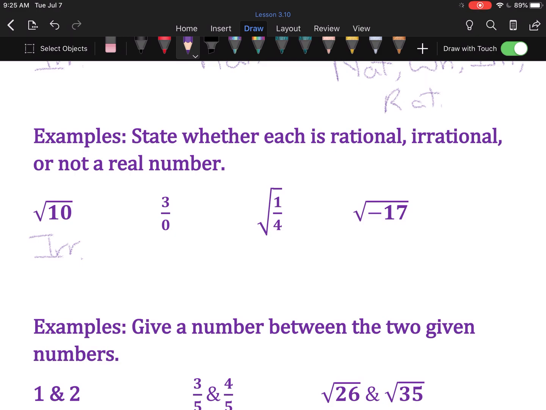You're saying, hey, it's a fraction, and you're technically correct with one problem. A rational number is defined as a divided by b, where a and b are integers, so far so good, and b is not 0. The denominator is 0. That's a problem. Divide by 0 means not real.